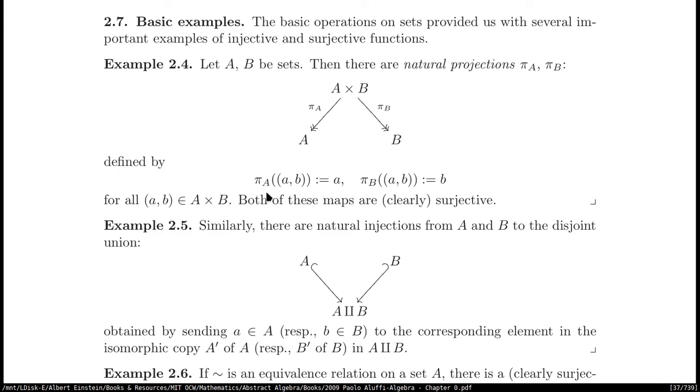And when you do it for every pair, you pull out the a's and you get the set A. Same for B. These maps are surjective, as you can clearly see, because every element of A is pulled out from some ordered pair of A cross B. So you always have something from the codomain in the image.